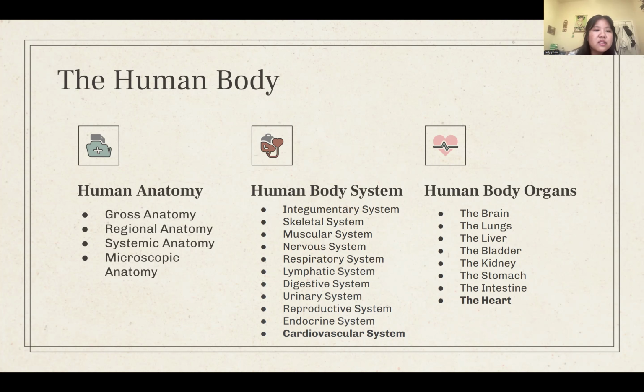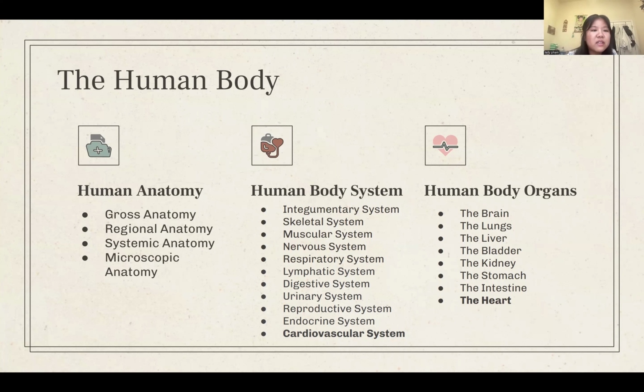The muscular system, a group of organs that allows the body to move, maintain posture, and circulate blood. The nervous system, a complex network of nerve cells that controls and coordinates the body's actions and sensory information. The respiratory system, a biological system that exchanges oxygen and carbon dioxide in the body.